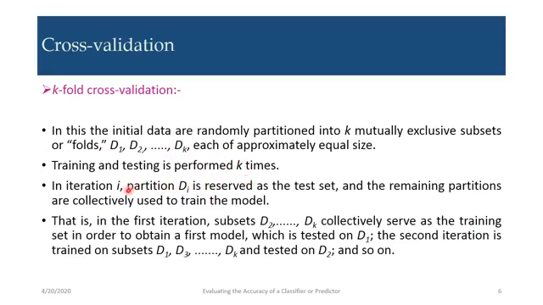So in iteration i, where i stands for 1 to k, partition Di is reserved as the test set and the remaining partitions are collectively used to train the model. For example, in the first iteration, i value is 1. So D1 can be reserved as the test set upon which we apply the classifier to check the accuracy.